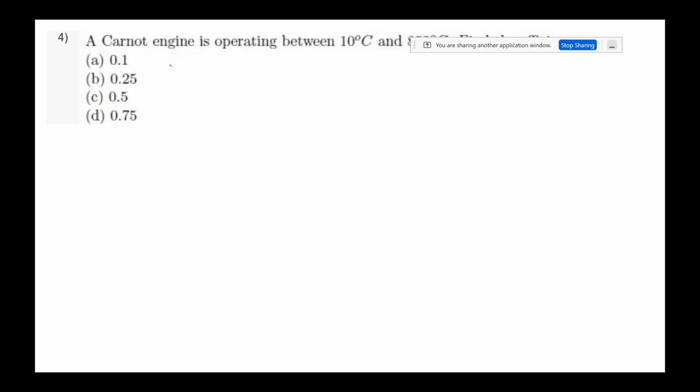A Carnot engine is a reversible ideal heat engine, and it has been proved that the Carnot engine is the engine whose efficiency is the highest for any kind of heat engine.